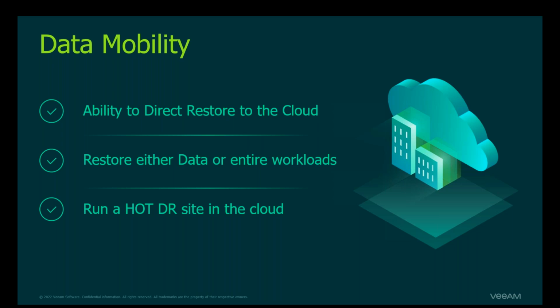So that's how we talk about data mobility. These are the use cases of data mobility, wherein the platform which you are selecting, the platform for modern data protection which you are planning to build, should be able to give you these capabilities.